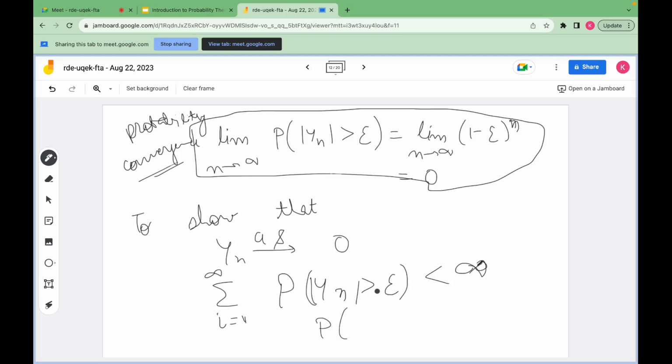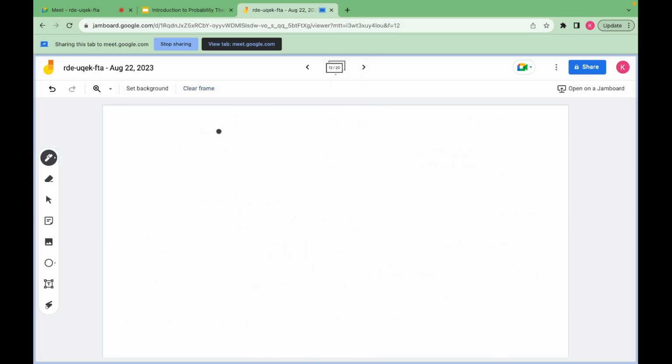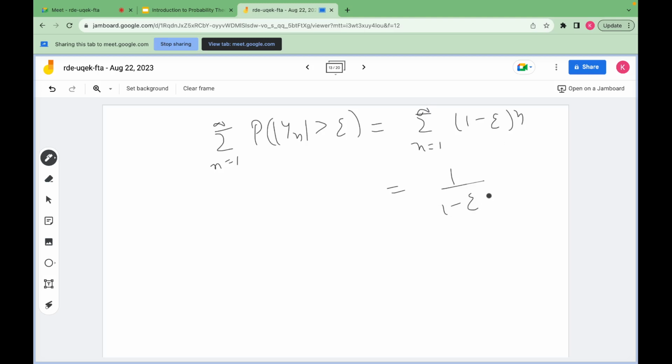We know that the sum for n equal to 1 to infinity of the probability that Yn is greater than epsilon is nothing but the sum of (1 minus epsilon) to the power n, which is (1 minus epsilon) upon epsilon.